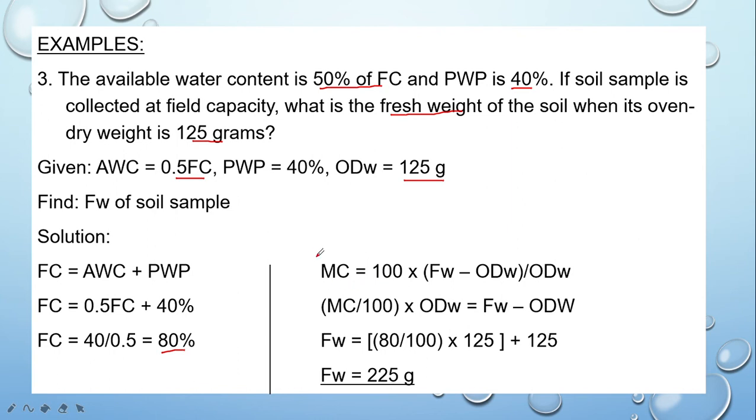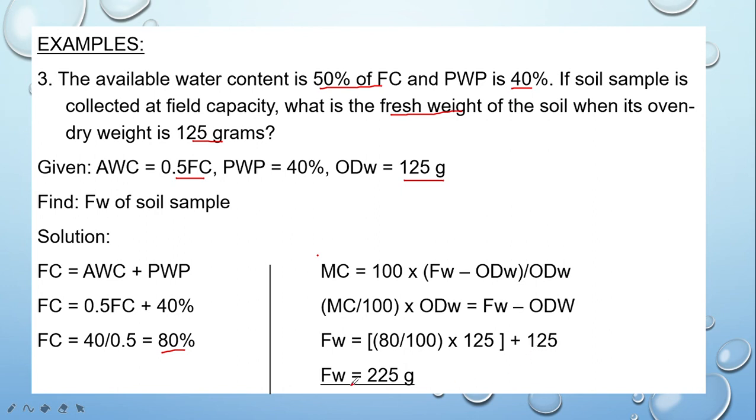So this is now the moisture content of the soil at field capacity, and this is what we will use here in the moisture content. So manipulating our formula on moisture content, the formula is fresh weight minus oven dry weight, all over oven dry weight times 100. So manipulating that one, we will have fresh weight is equal to 80 over 100 multiplied by 125 grams oven dried weight plus 125 grams.